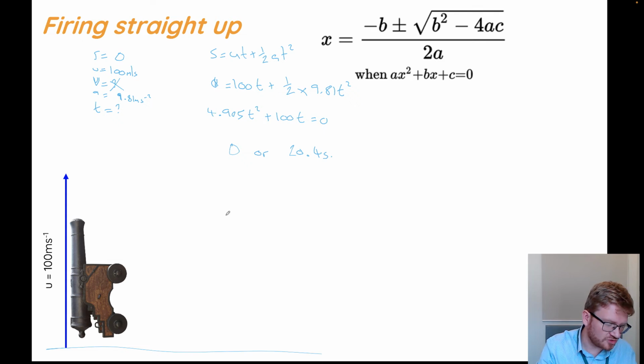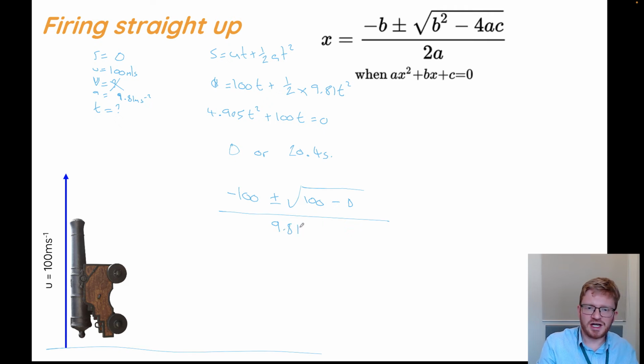Is it worth it? Yeah, let's just show you that in the steps just so you can be clear. Minus b, so that would be minus 100 plus or minus the square root of b squared, which is still 100 squared, minus 4ac, well, c is 0, so that would be minus 0, all over 2a, so that would be 2 times 4.905, so that would be 9.81.